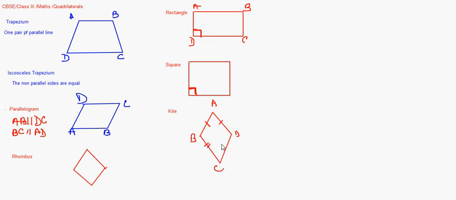Similarly, BC will be equal to CD. Okay, this is a kite. So on the whole, a square, a rectangle, a rhombus, these are all parallelograms. A kite is though not a parallelogram because opposite sides are not parallel and equal. So we'll keep this as, these four: parallelogram, rhombus, square, rectangle.